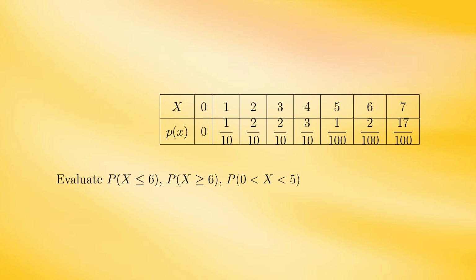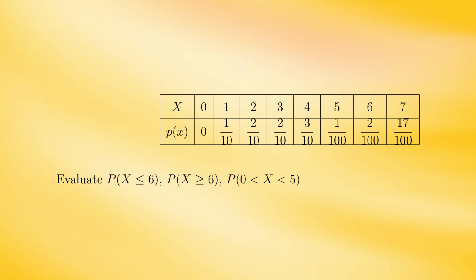X is equal to 2, p of x is 2 by 10. X is equal to 3, p of x is 2 by 10. X is equal to 4, p of x is 3 by 10. X is equal to 5, p of x is 1 by 100. X is equal to 6, p of x is 2 by 100. X is equal to 7, p of x is 17 by 100.